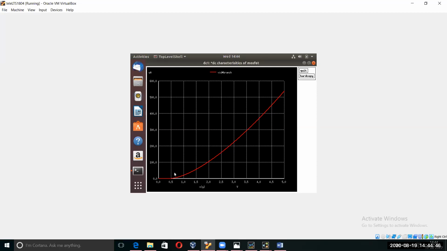So next thing, what we have to find out is the slope. Slope is y2 and y1. So on this, suppose these 2 points you are taking as y2, y1, like 300 and 210 micro, and the corresponding x-axis points are 3.5 volts and 3.